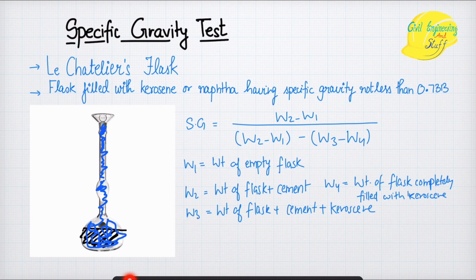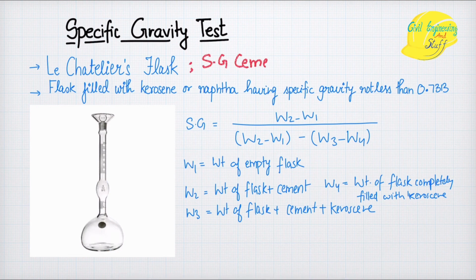After this we clean the apparatus and fill it again with only kerosene, and again weigh it, this is W4, right? And by using this formula we find out the specific gravity of the cement. The specific gravity of the cement is 3.15, right? The specific gravity of the cement is 3.15.